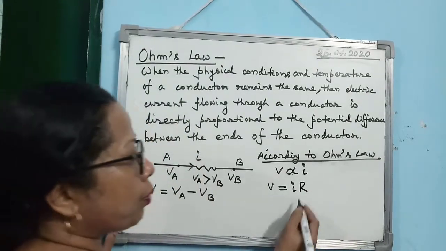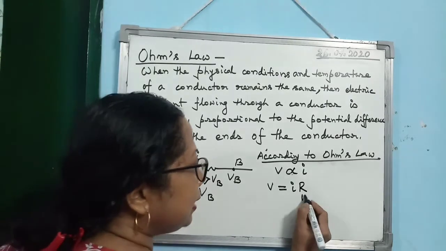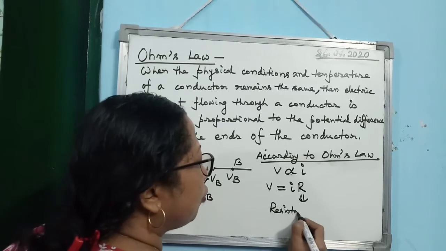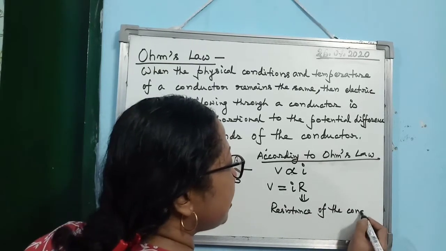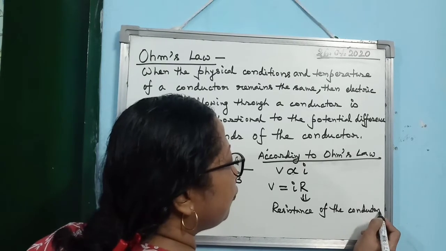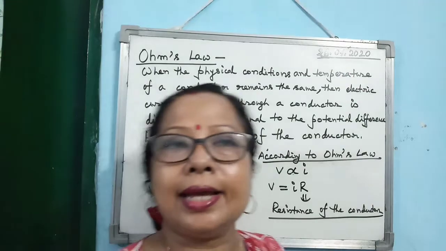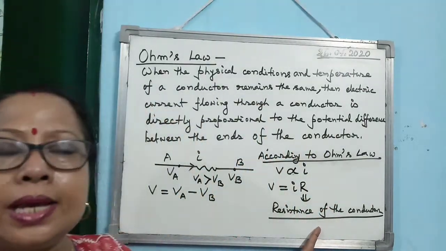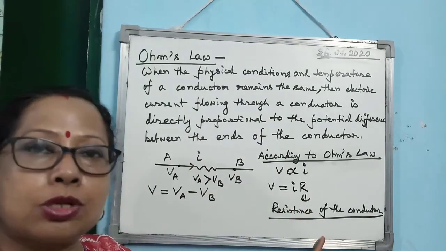That constant of proportionality we denote by capital R, and this is known as the resistance of the conductor. So you see, the resistance of the conductor, physically, without any law or mathematical relation, we have introduced already. Now here we are introducing the concept mathematically by using Ohm's law.